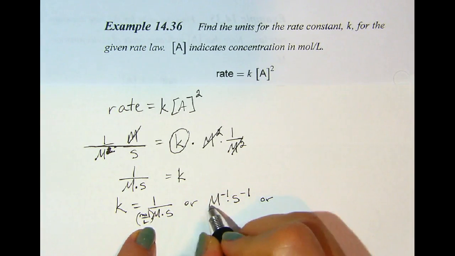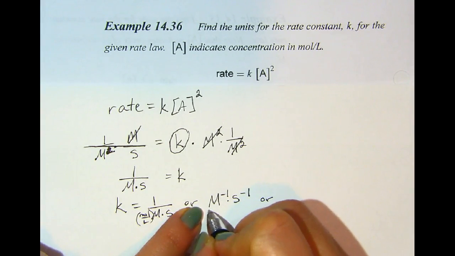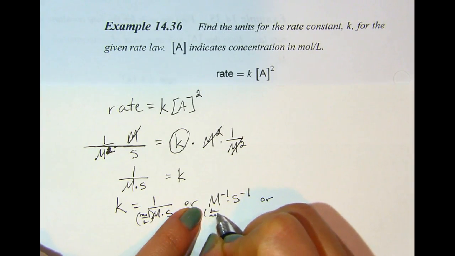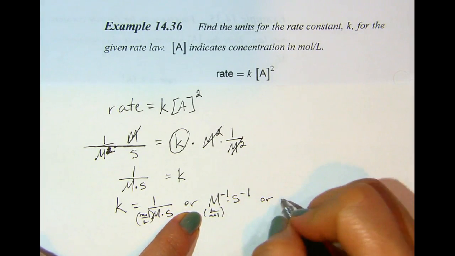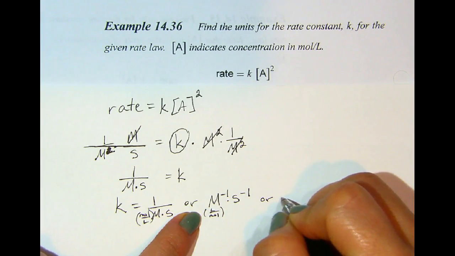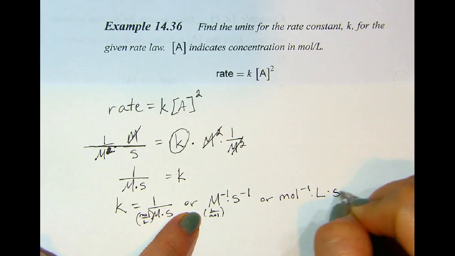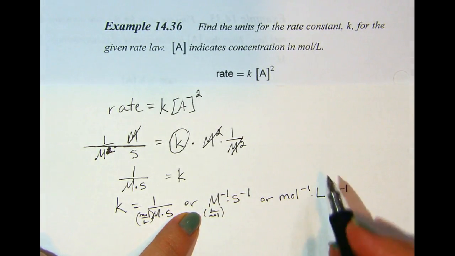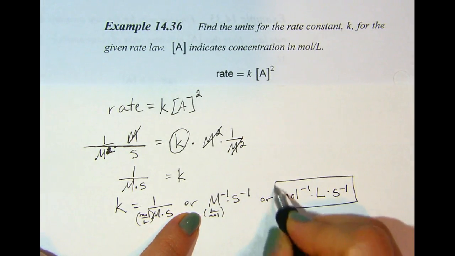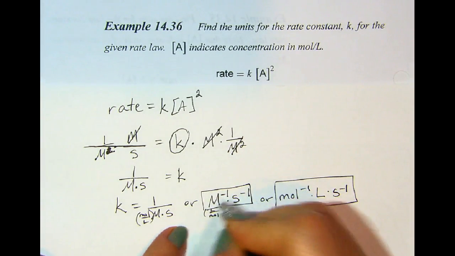So if I take the inverse of that, then what I have here is actually liters per mole. And so I could also say that we have mole to the -1 times liter times second to the -1. And so there are 3 ways to answer this question.